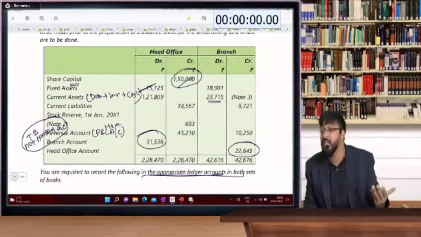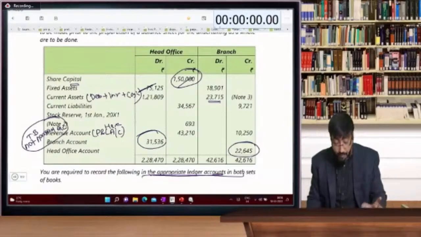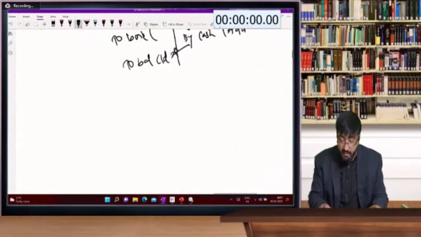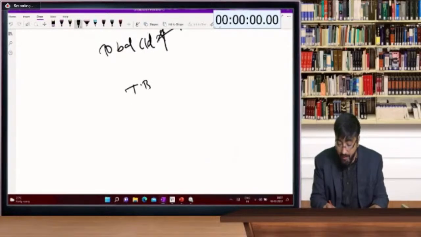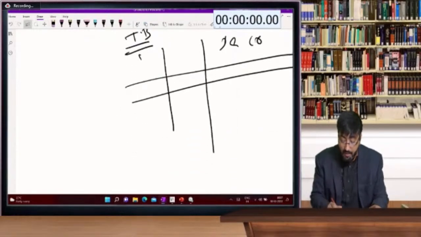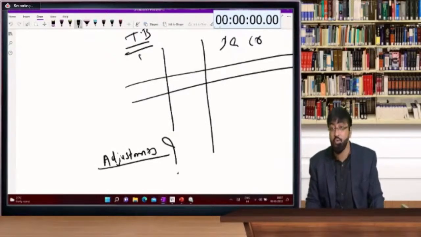Now what is adjustment, beta? Can you tell me what is adjustment? Those who attended my foundation batch lectures, yes, normally you remember your 12 standard days in which you have trial balance which is given, debit, credit, here your items, and after the trial balance, what are adjustments. Can you tell me what is adjustment? Yes, you are CS students, you must be aware what is adjustment.